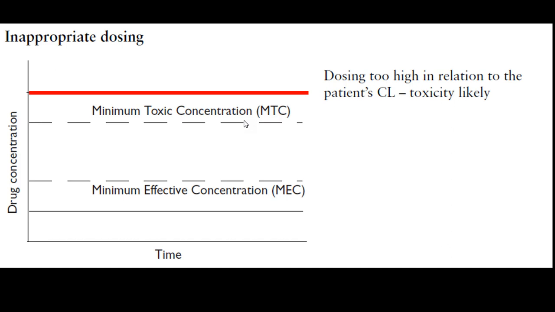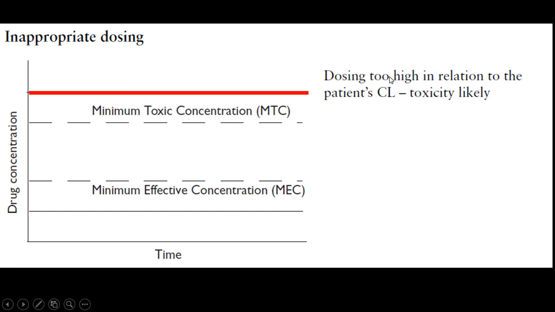If it is far above that, then the drug level is becoming too high, which is inappropriate dosing. And why does this happen? Because the drug is given beyond the clearance capacity of the body.